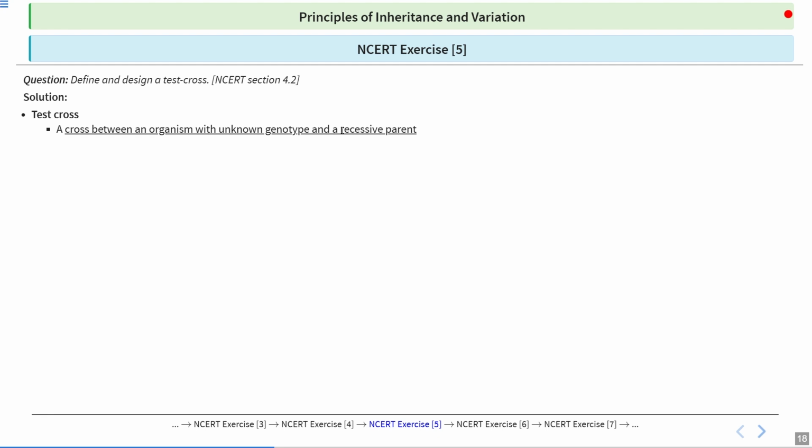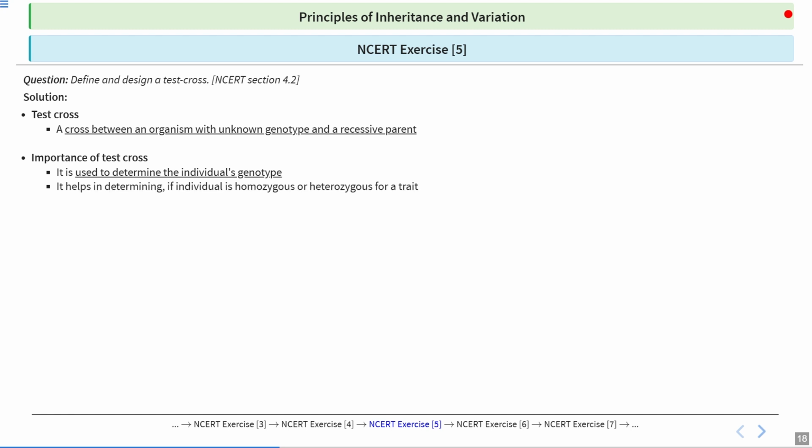This is being crossed with the recessive parent. Now there can be two cases here. Clear? So what is the purpose of test cross? It is used to determine the individual's genotype.